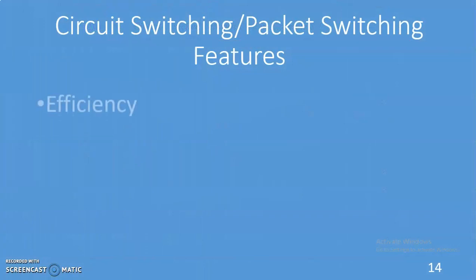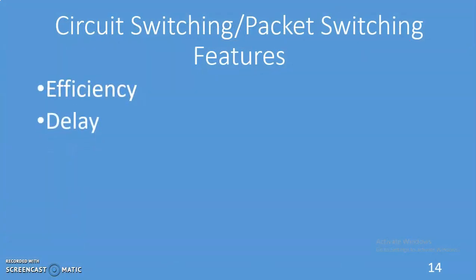We have some features of packet switching and circuit switching. As we know, in circuit switching resources are allocated all the time and are reserved, but in packet switching resources are allocated on demand.